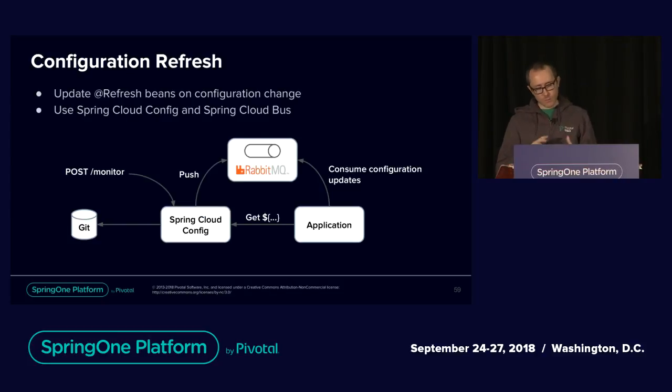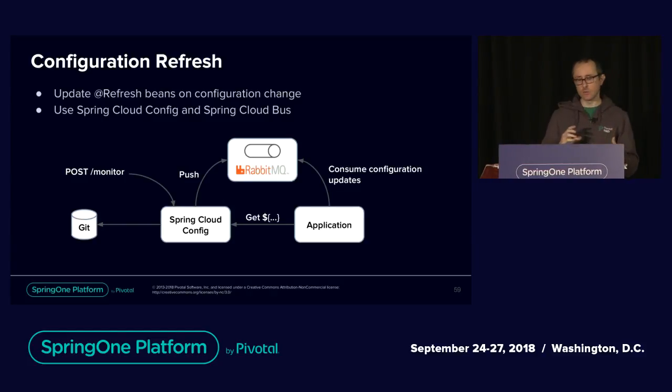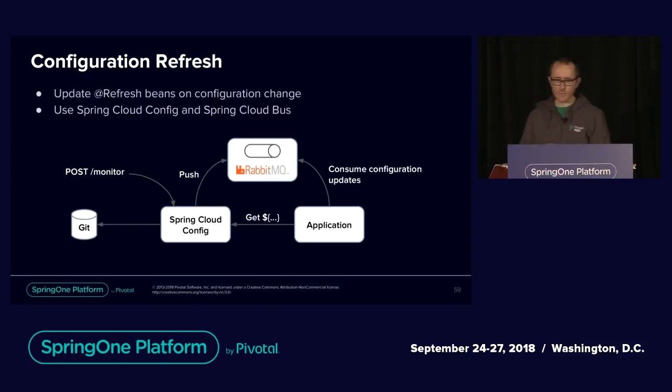You can go a bit further and make your application react to configuration changes. So you can change your configuration and push it on your Git repository. If you register, you can register a webhook that will post the information on Spring Cloud config server.